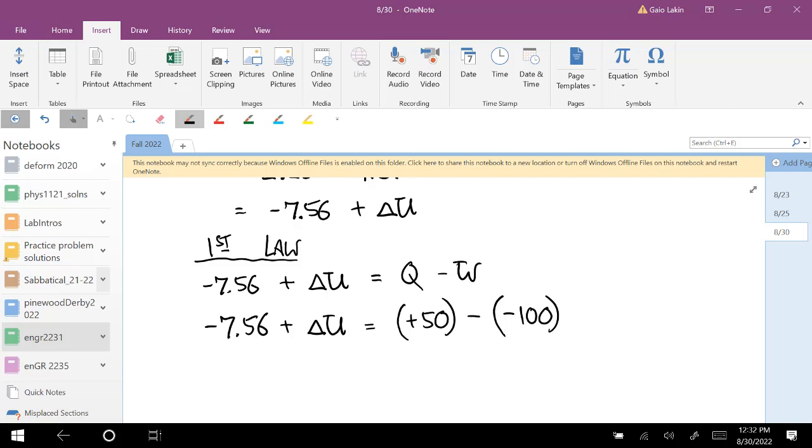And so we have 150 plus 7.56, so delta U is equal to 157.56, and the units are joules, because we're in SI units. Any questions about that?